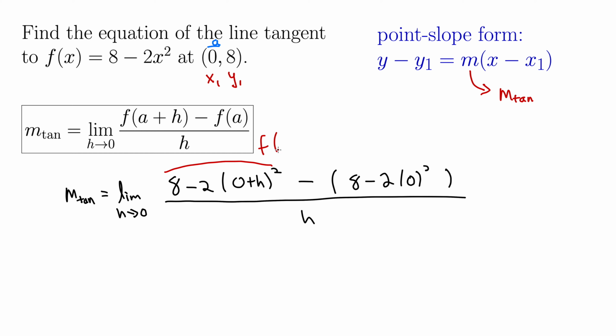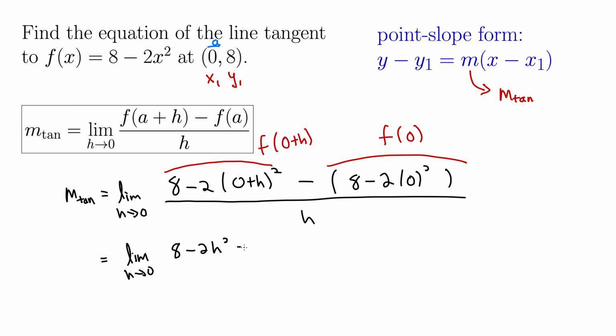Let's slow this down and make sure we're on the same page. This is f(0 + h). The second one here is f(0), all over h. Moving forward, we have the limit as h goes to 0 of 8 - 2h² - 8, since the second term goes to 0 anyway.